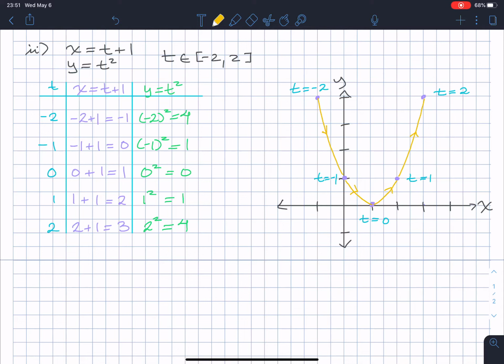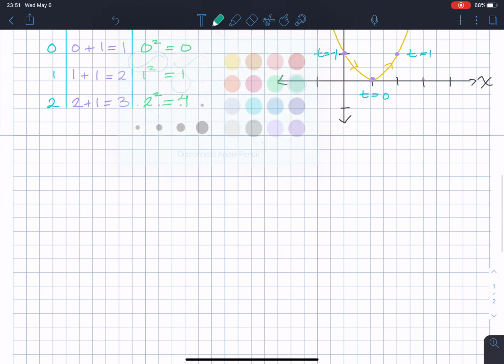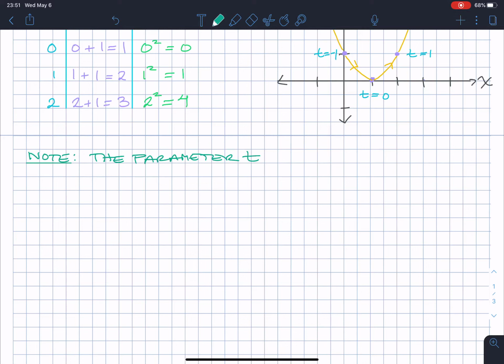Okay, so what's going on? The parameter induces a direction, so let's note that. So note the parameter t induces a direction to our graph.